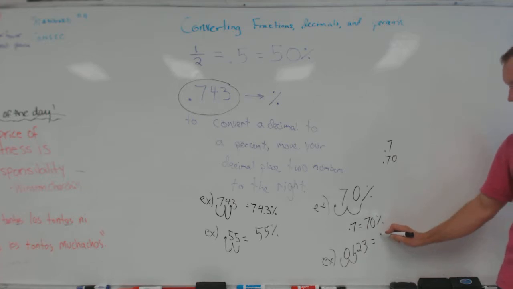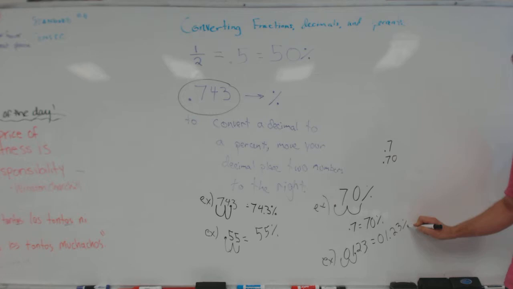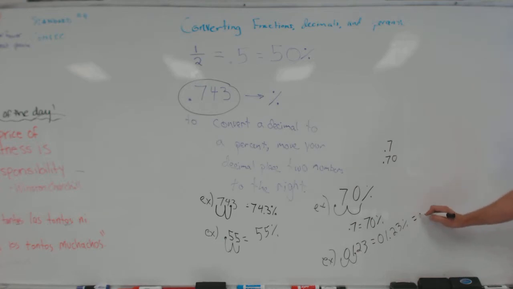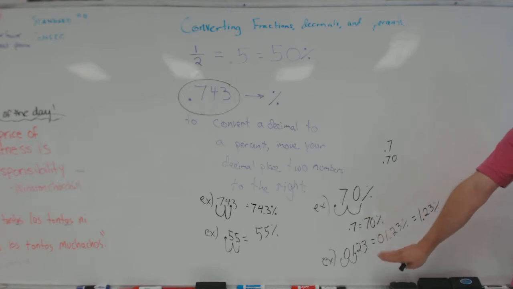And so I have 0.0123%. But that's not how you would typically write that number. I don't need the 0 anymore because it's now out in front of a decimal. So I would just write this number as 1.23%. Just get rid of this leading 0.